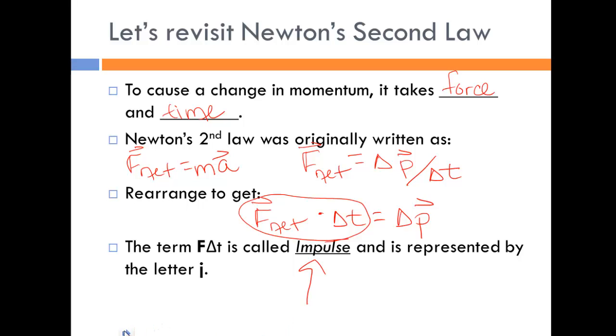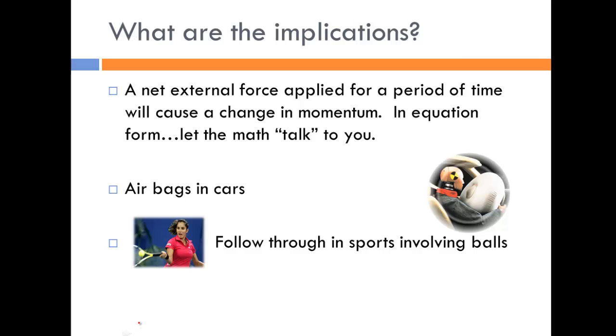Now we're going to look at some of the implications of that because it has some pretty interesting implications that we use and we rely on every day for our safety and just for general things that we do without thinking about them. So what are the implications? Well, a net external force applied for a period of time is going to cause a change in momentum.